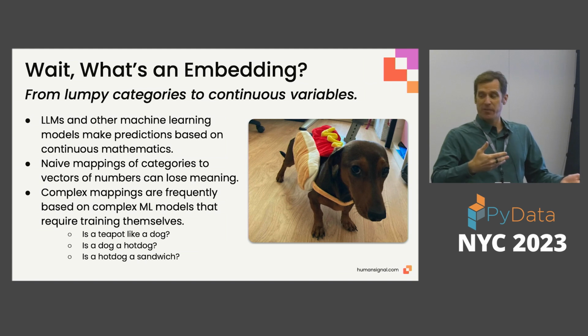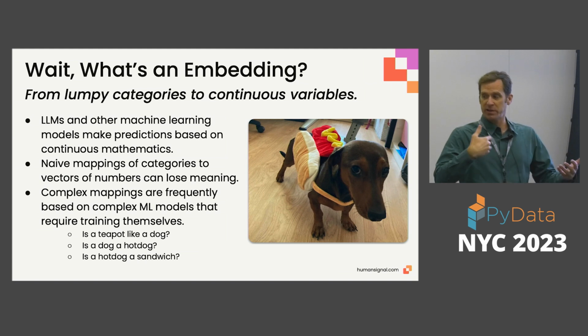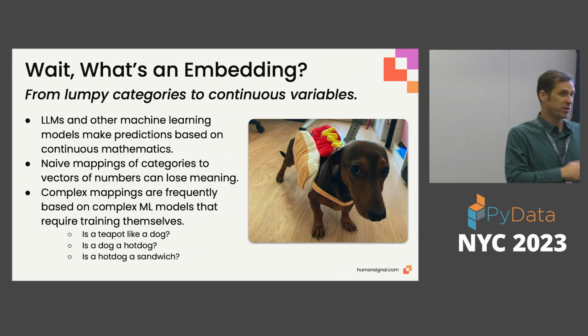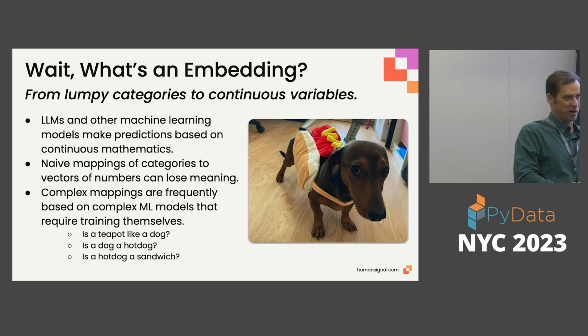You can take a naive mapping of different categories to vectors and numbers, and you can lose meaning. One way to do an embedding is what's called one-hot embedding, where you just assign a number to a word. Maybe the word cat gets the number 1, and maybe the word chair gets the number 2. You build up a large mapping of words to numbers, and then your vectors can represent that.